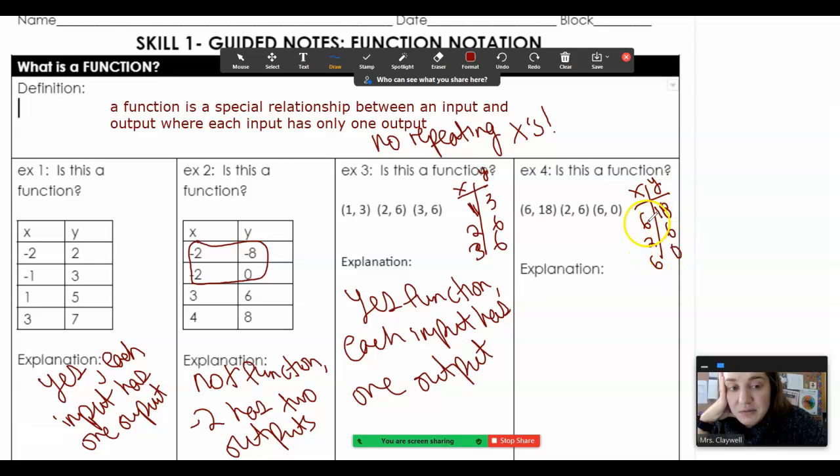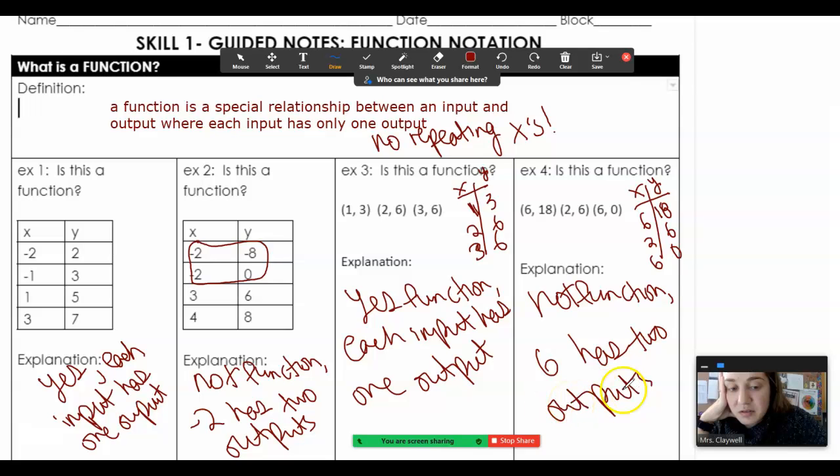If it's helpful for you to look at it this way, I have repeating inputs. This is not a function. Six has two outputs.